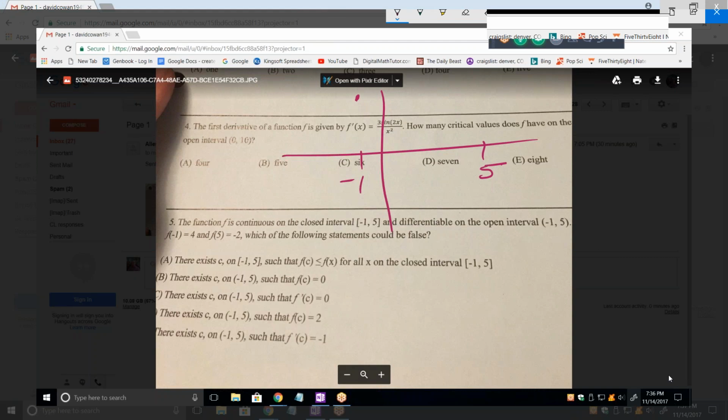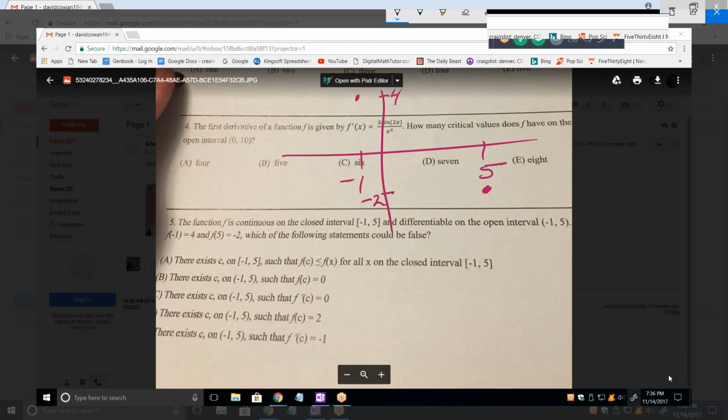In other words, that point is going to be 4. And f of 5 equals minus 2. There's minus 2. So, which of the following statements could be false?